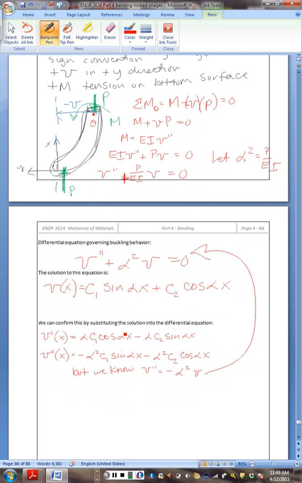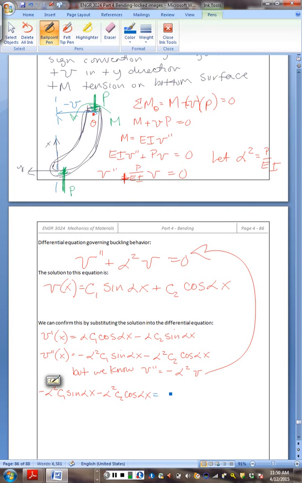So if we put what we've just had in red on the left side, so minus alpha squared c1 sine alpha x minus alpha squared c2 cosine alpha x, and then we'll change color, we'll make this blue.